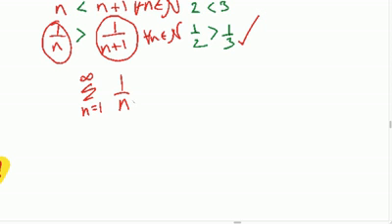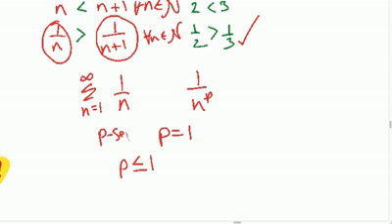So here you should recognize this as a p series, right? If you remember 1 over n to the p, and in this case p equals 1. And if p is less than or equal to 1 according to the p series test, then it is divergent.